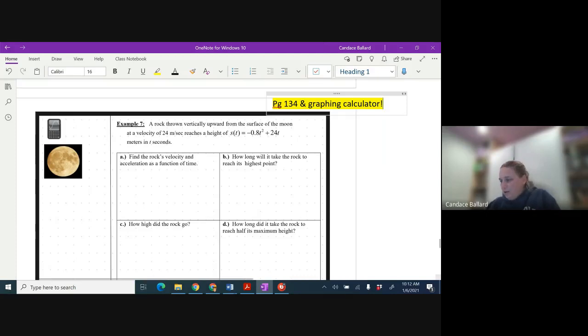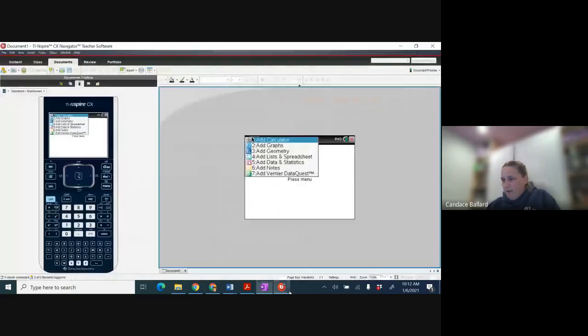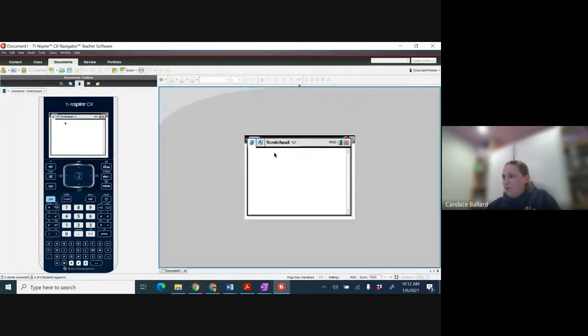Let's go there first. So let me get into my calculator, and I'm just going to go to my scratch pad. I do a lot of work in my scratch pad. You'll notice that the guest teacher that I've been using for some of our note pages does stuff in the docs, and you can do it either way. I typically will have you set up a couple of the docs for the AP test for your free response questions.